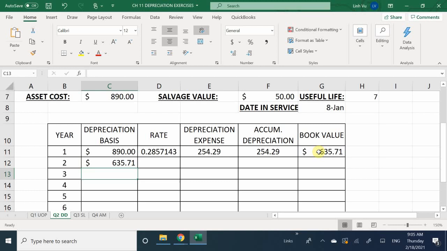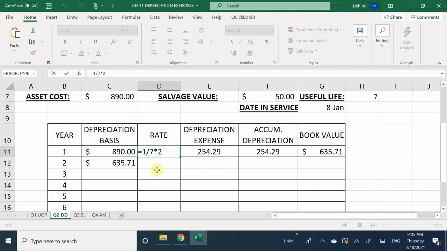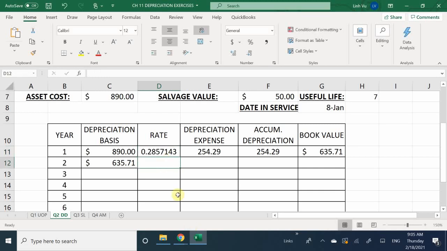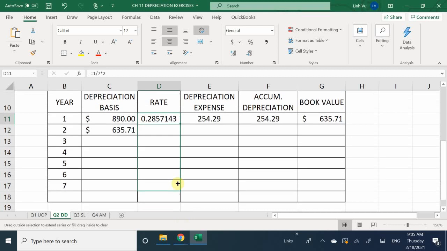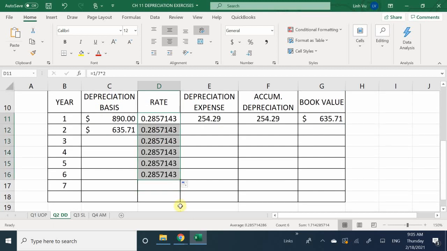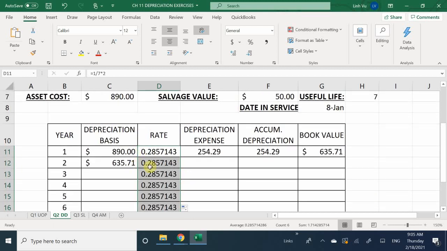Now what's going to be my rate? Same. It's going to be the same. So I can safely assume that it's going to be the same throughout all 7 years.